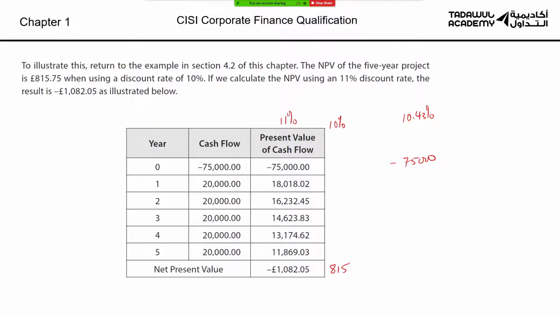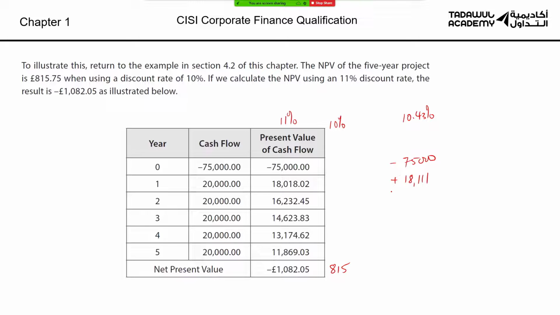Let's just do the calculations quickly. So in the first year, I got this one wrong. It's 20,000, not 18. Sorry. So this is going to give me a positive 18,111.